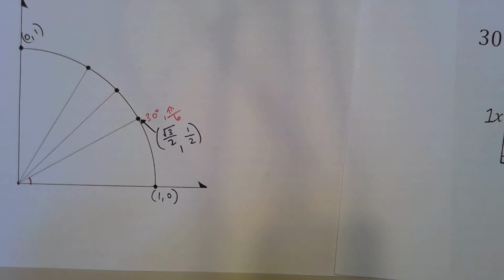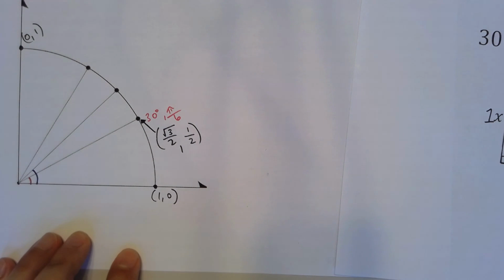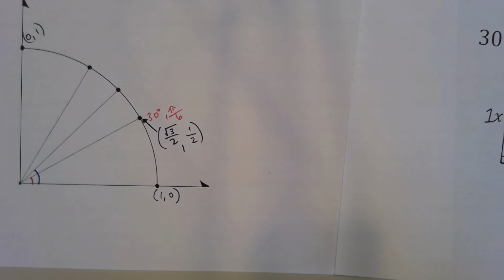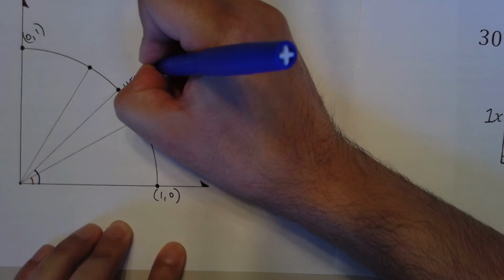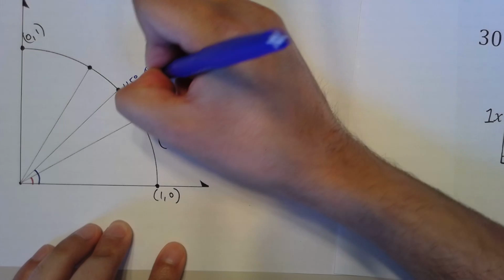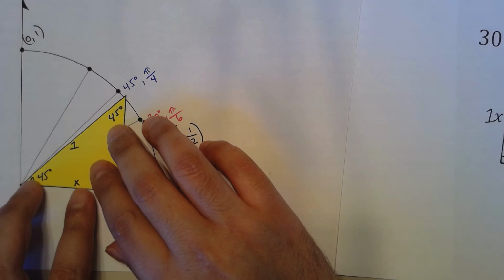Okay. The next angle is this angle right here in blue. That angle's a little bit bigger. It's a 45-degree angle, which is the same thing as pi over 4. So that one's going to look like this right here.